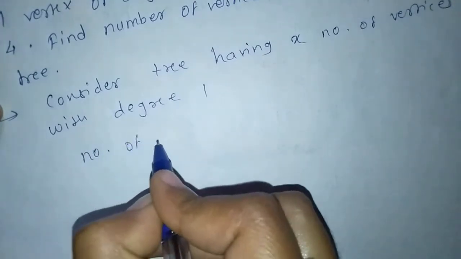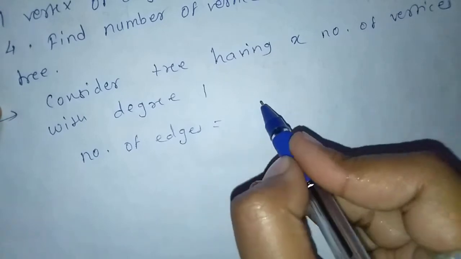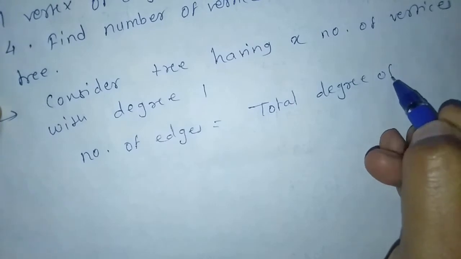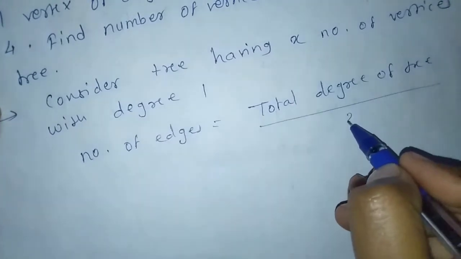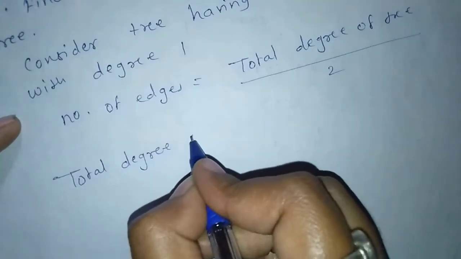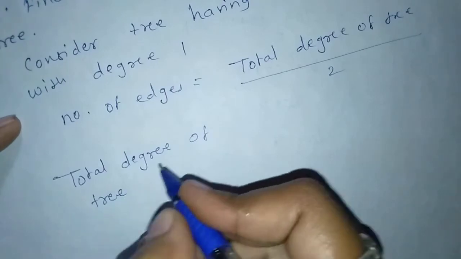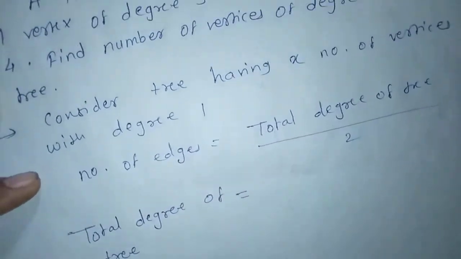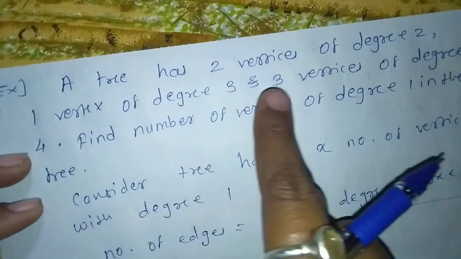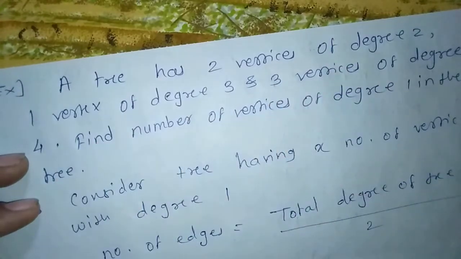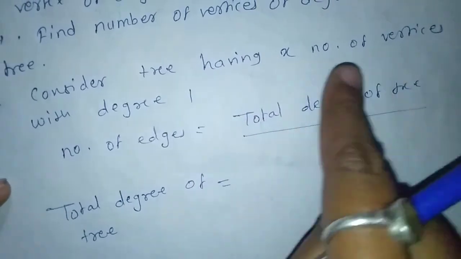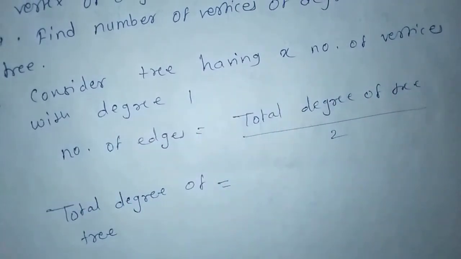Number of edges is equal to total degree of tree upon 2. Means total degree of tree is equal to 2 times number of edges. 2 vertices of degree 2 means 2 into 2, 1 vertex of degree 3 means 1 into 3, 3 vertices of degree 4 means 3 into 4, and here we consider x number of vertices with degree 1 means x into 1.